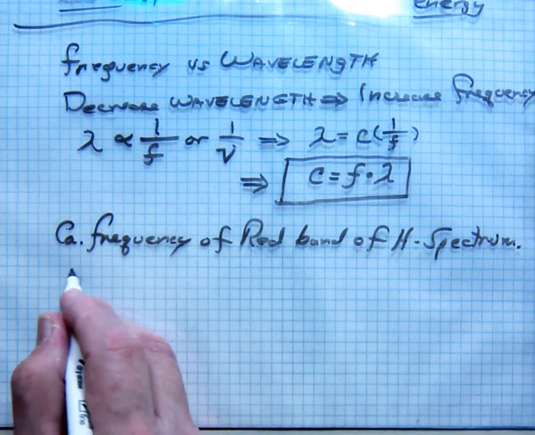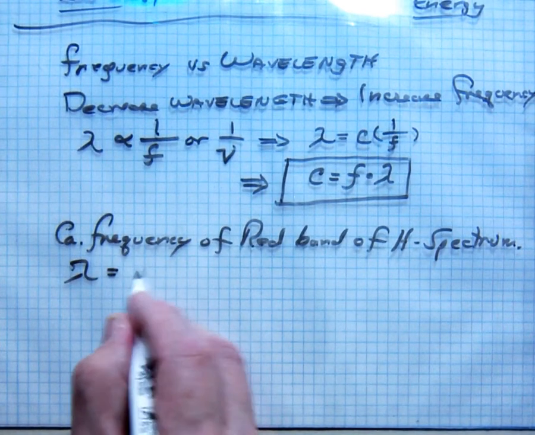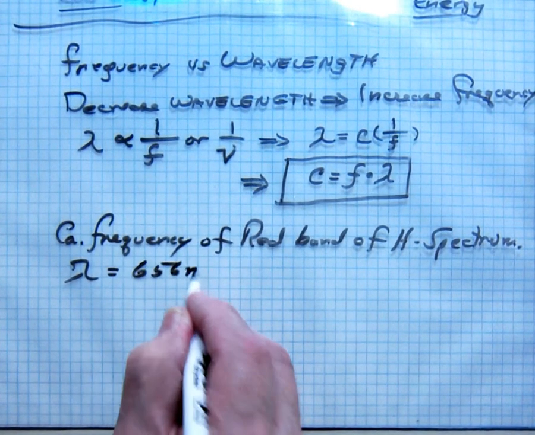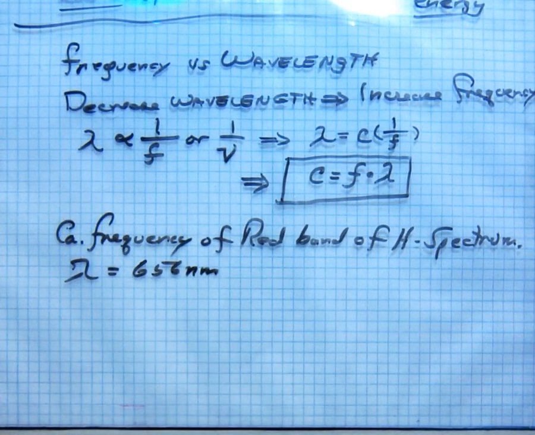Wavelength is simply 656 nanometers. I showed you earlier that nanometers need to be presented in meters because the speed of light is in meters per second. Now, I guess you can convert meters per second into nanometers per second, but that's not commonly done, and I don't expect you to do it on the exams either.